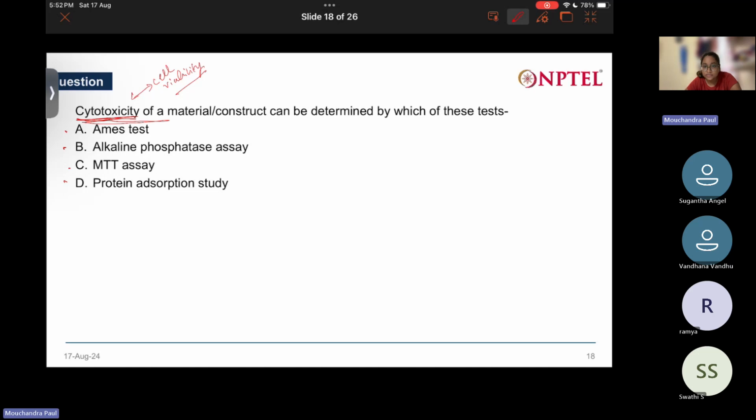So we have already seen this name previously in one of the questions. Would anyone like to try? What is the answer, or what could be the correct answer to this question?